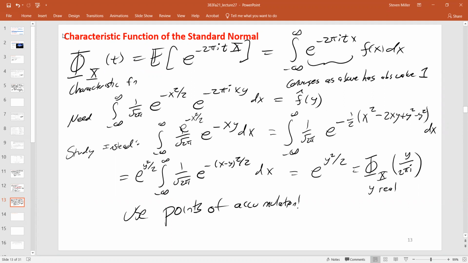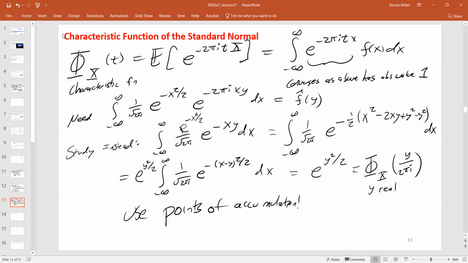And again, this is just another chance to emphasize how wonderful the theorem on points of accumulation is. Instead of having to deal with a complex exponential integral, we could just say, well, if we change things and just consider so that we have a real argument, it's just complete the square. It's just the standard normal. We know that integral is 1. We now have the result. They agree on a sequence.